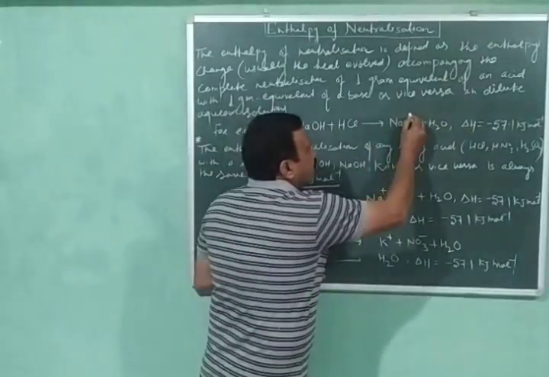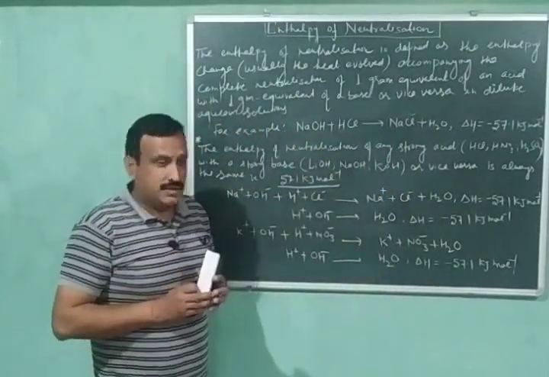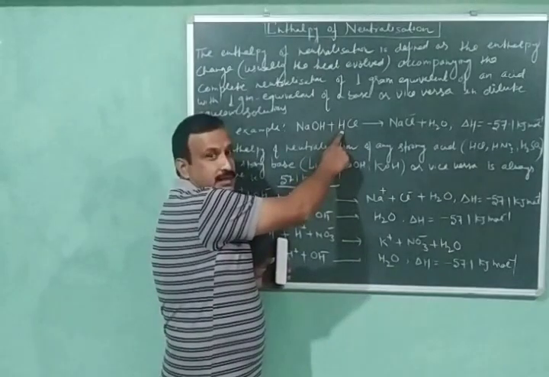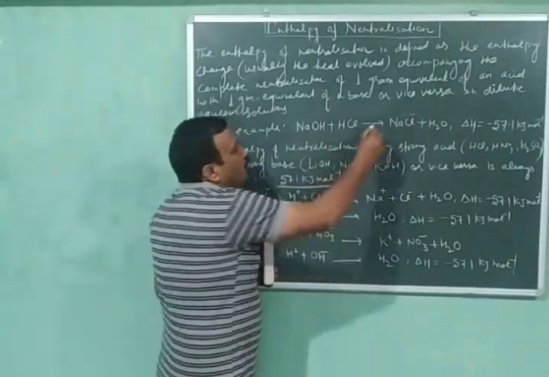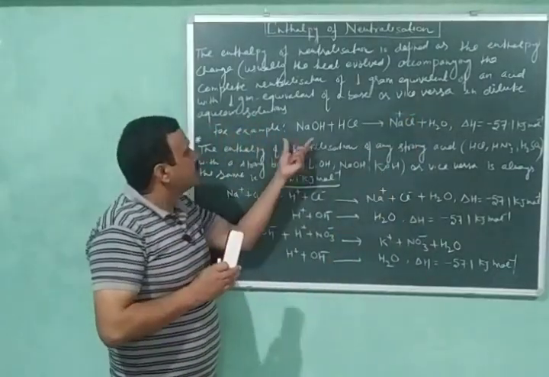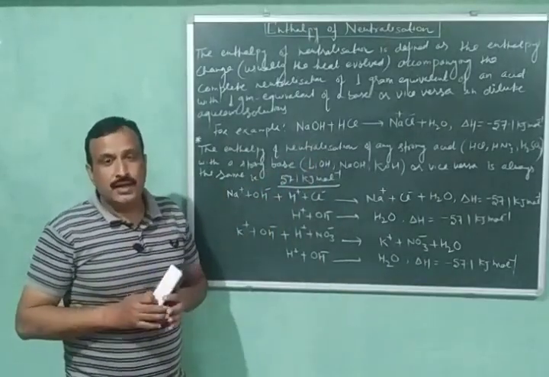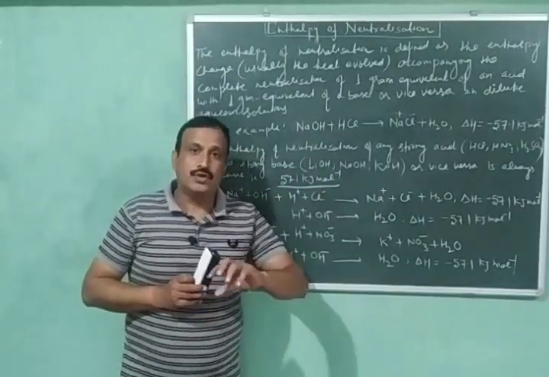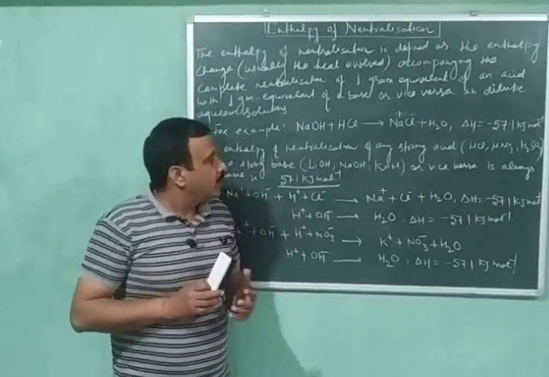Here, the negatively charged radical, that is Cl negative, comes from the acid, that is it comes from HCl. So this radical will be called the acidic radical, whereas the positively charged radical, that is Na positive, is coming from the base, so it is called what? Basic radical. Understood? And I used to ask this question during salt analysis or inorganic mixture analysis.